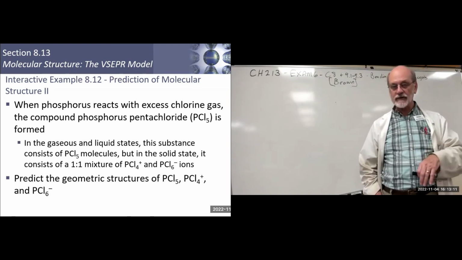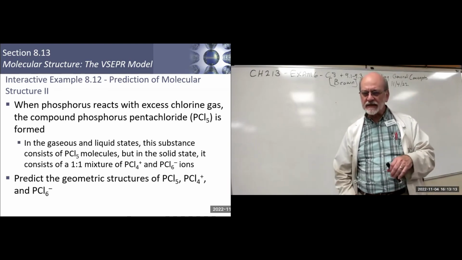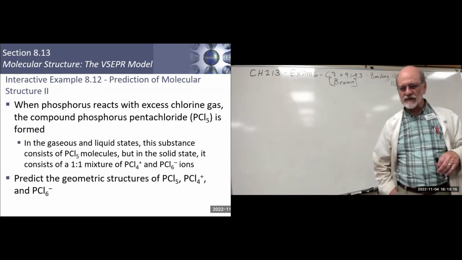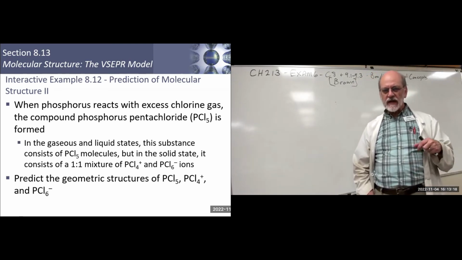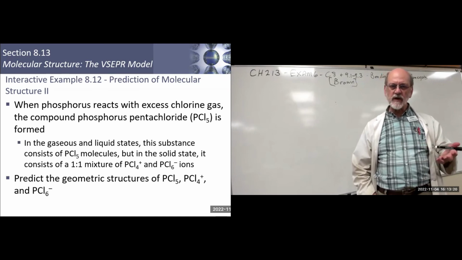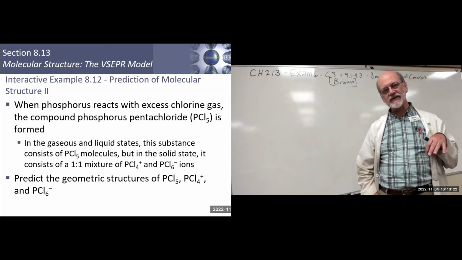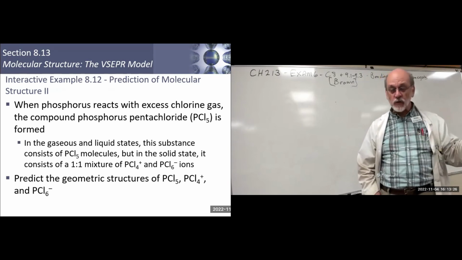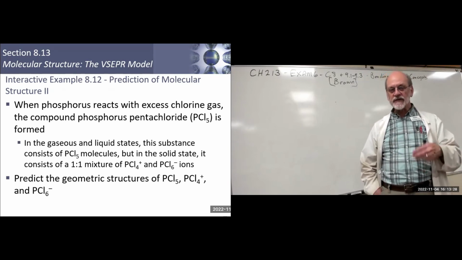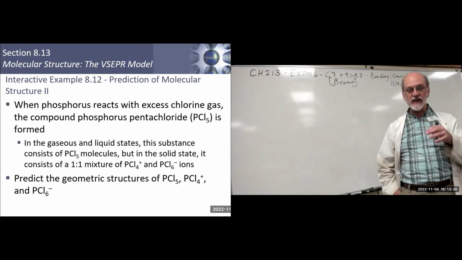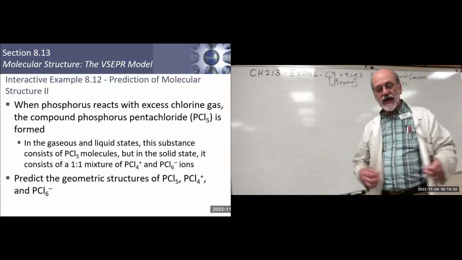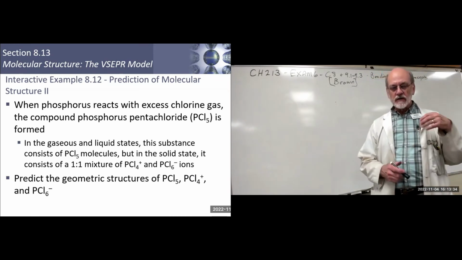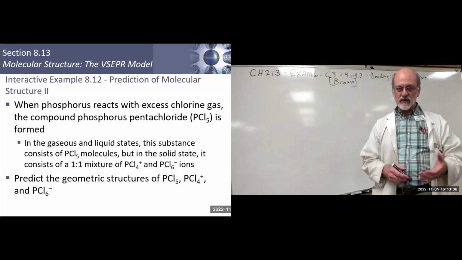That's it, nothing else. But in the solid state, something strange happens. You get a 1-to-1 mixture of PCl4+ and PCl6- ions in the solid. So the PCl5 goes away, and you're left with this cation-anion mixture in the solid form. What we want to look at is what are the geometries of these molecules.